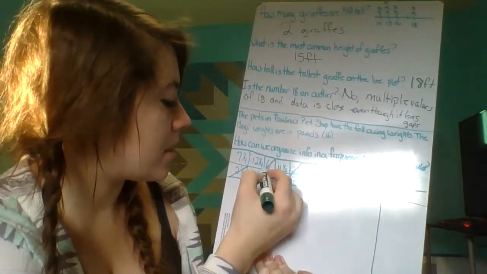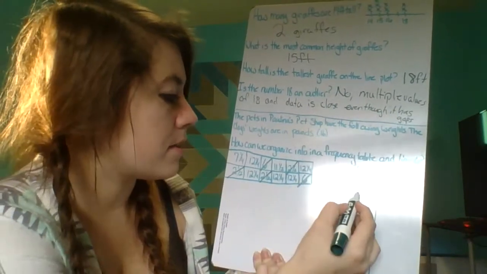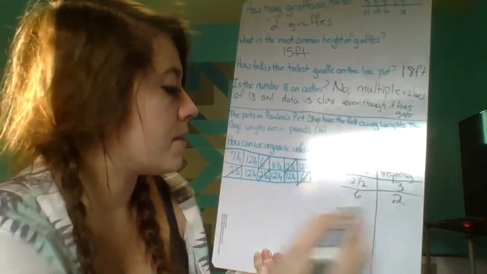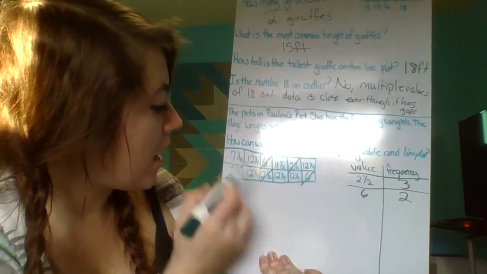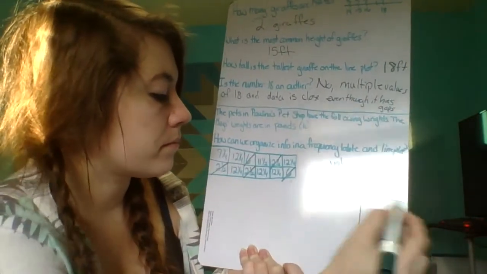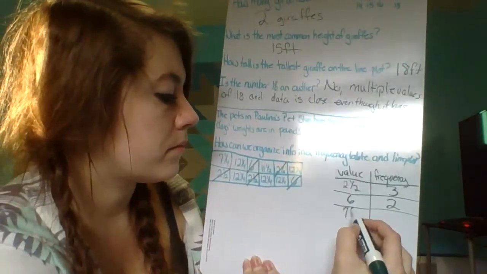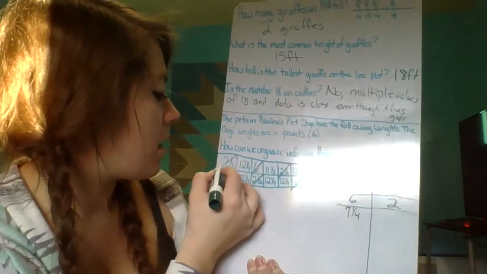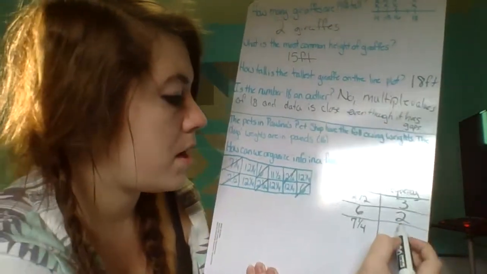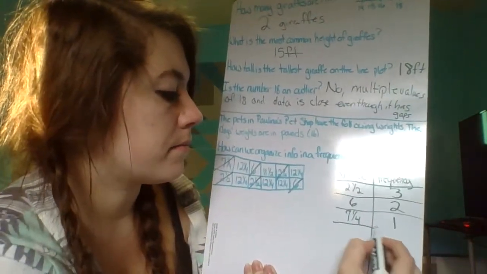So we've got a 6 here and a 6 here. So 6 has a frequency of 2. Next we have the 7 1/4, and it looks like we just have the 1 of that.